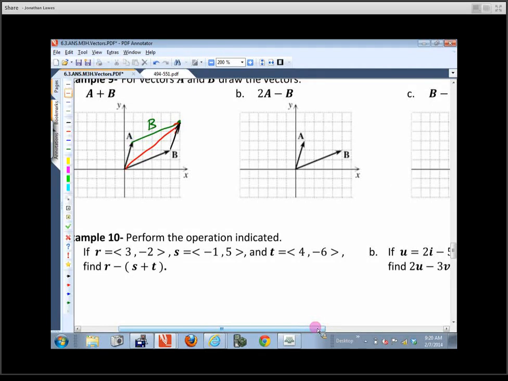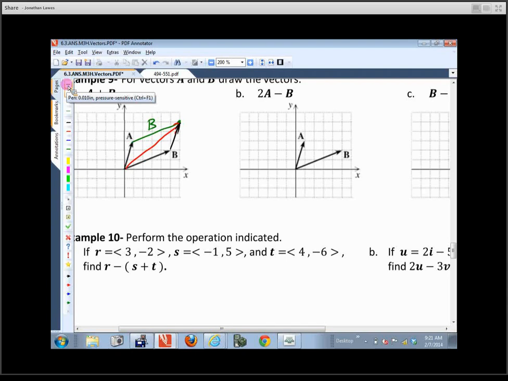Two A's minus a B. 2 A's minus a B. Pretty easy, isn't it?